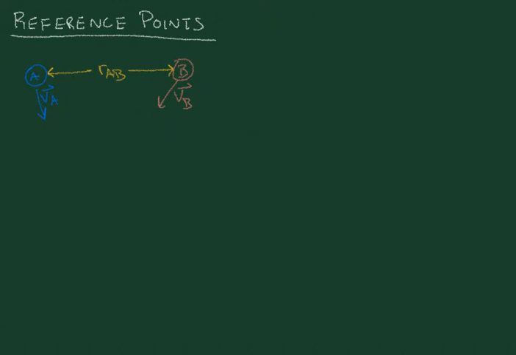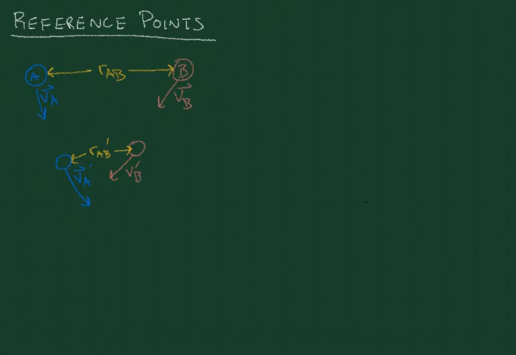Then at some later time they've moved closer together, so now they'll be moving a little bit faster. So we'll have VA prime, VB prime, and RAB prime. So again, they've moved closer together. They're both moving a little bit faster because the potential energy has decreased between them.